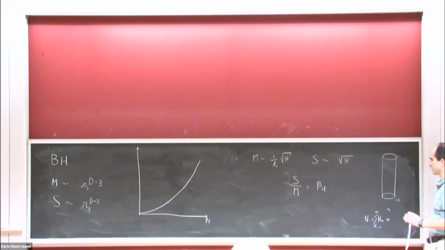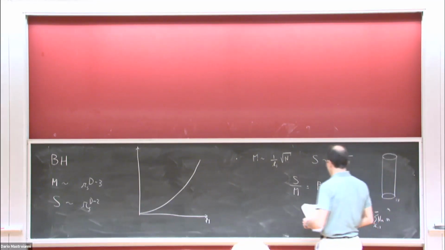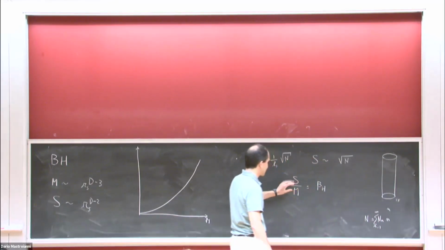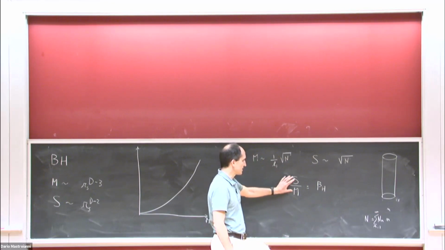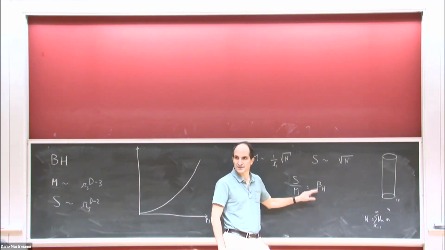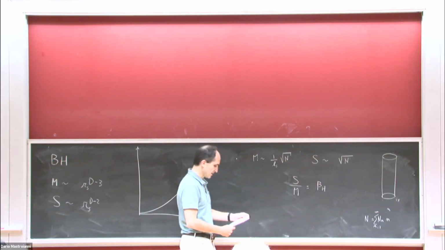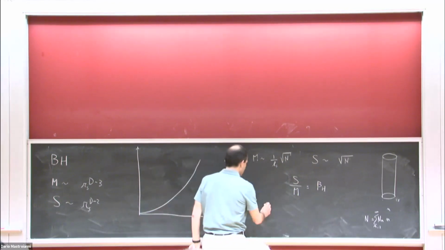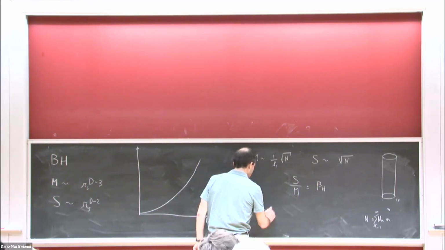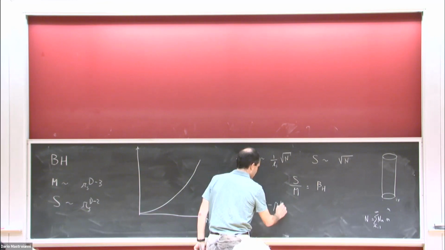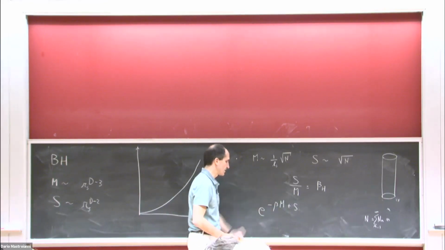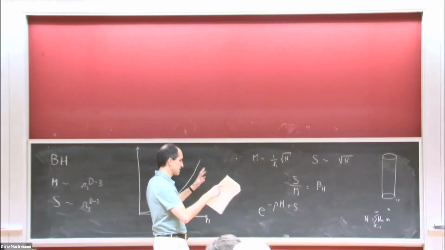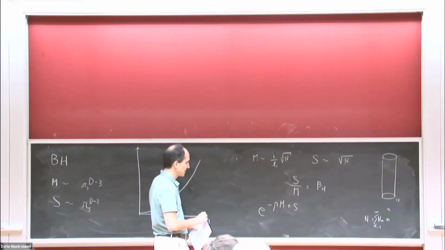But all that we need to know, if you haven't seen these formulas before, is that when you have a highly excited string, the ratio between the entropy and the mass goes to a constant. And this implies that if we consider the string at finite temperature, and we consider the partition function, we're supposed to sum over all possible states.